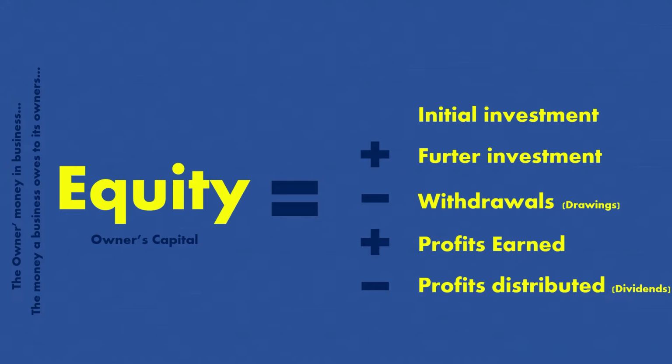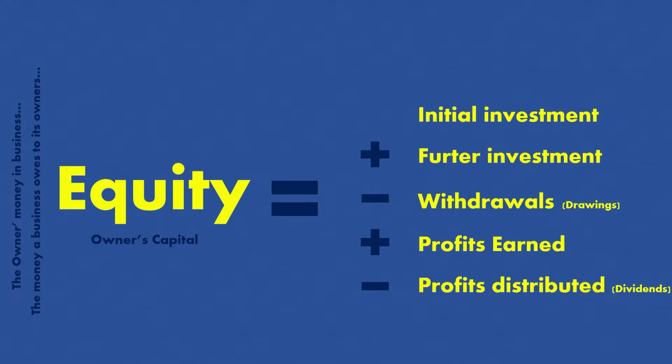By the way, the distributed profits are referred to as dividends. So this way we are going to calculate the equity. Of course, if there are losses in place of profits, they are going to be deducted from the equity as well. So this is a basic way to calculate equity.